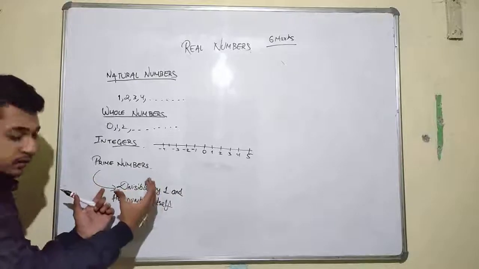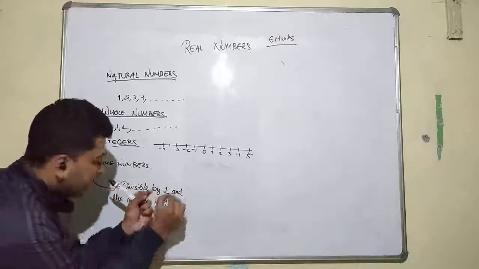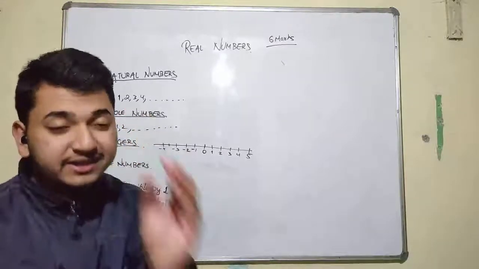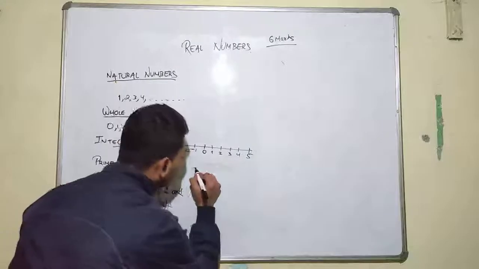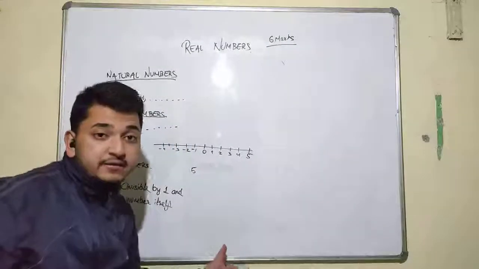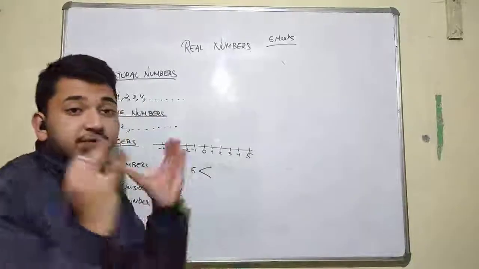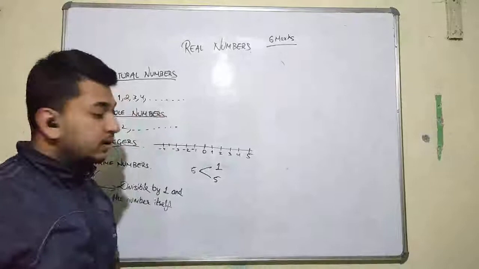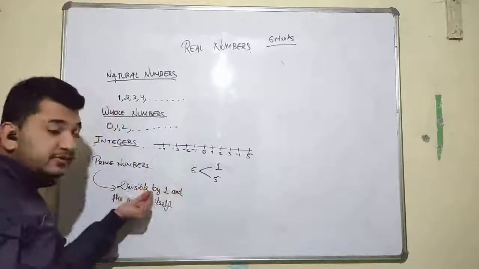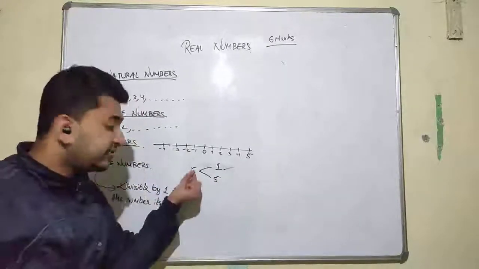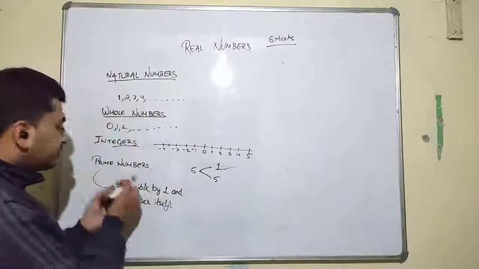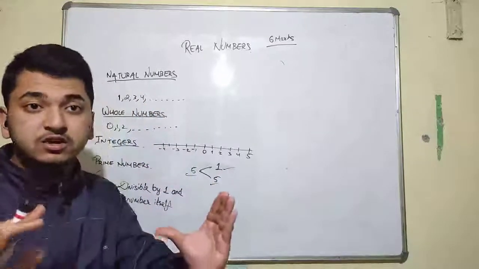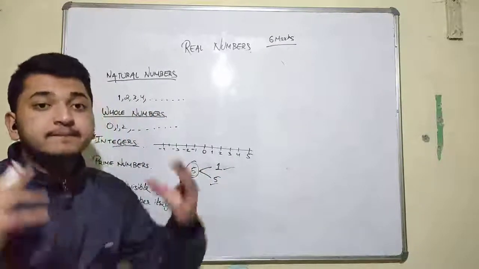The numbers which are divisible by 1 and the number itself are your prime numbers. I will give you examples. Take the number 5. It can be divided by 1 and it can be divided by 5. Yes, 5 is divisible by 1, and the number itself, yes, 5 is divisible by 5 also. So 5 is your prime number.